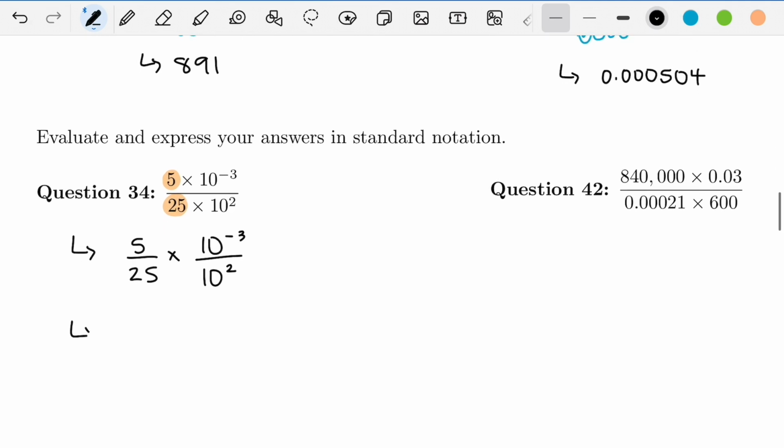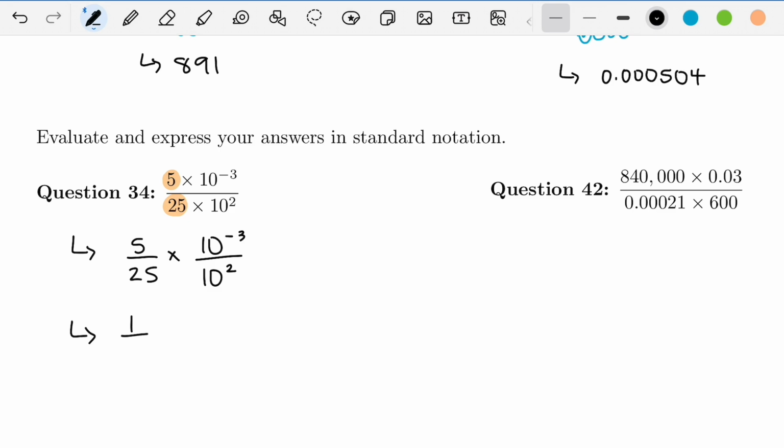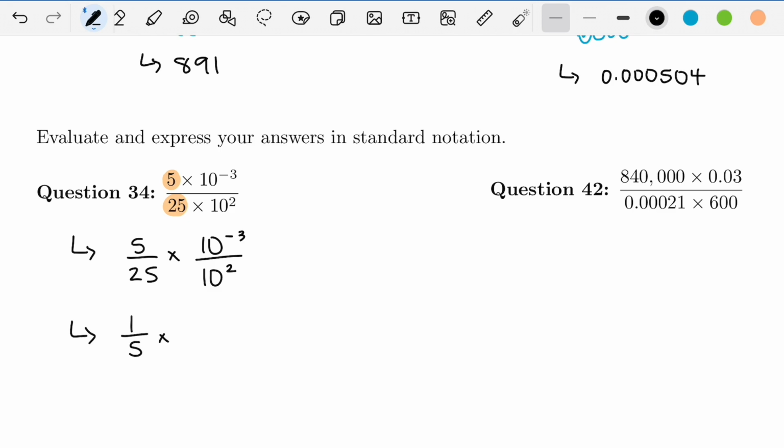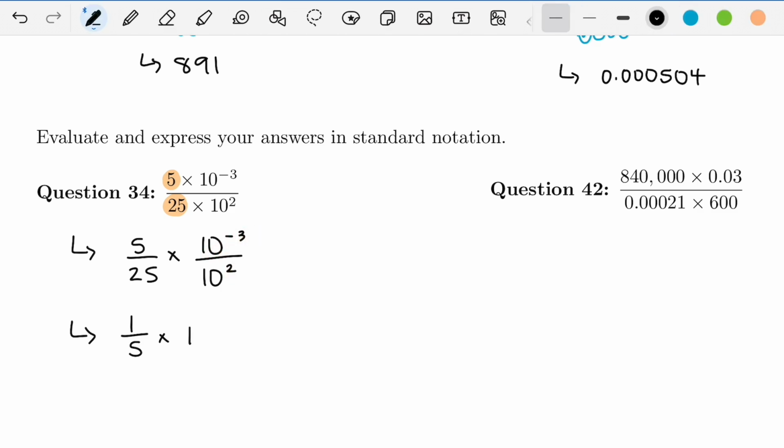So in this case, 5 over 25, this is going to be reduced to 1 over 5. And then for this term here, we can rewrite this as 10 to the negative 3 minus 2. So this would give us 10 to the negative 5 power.